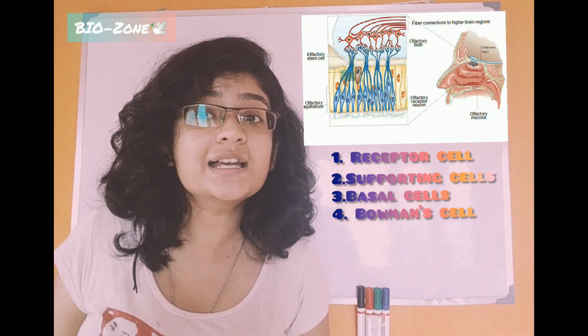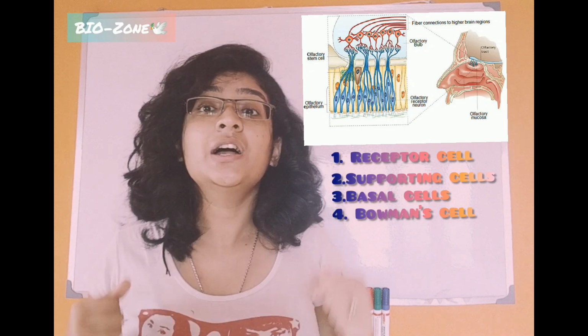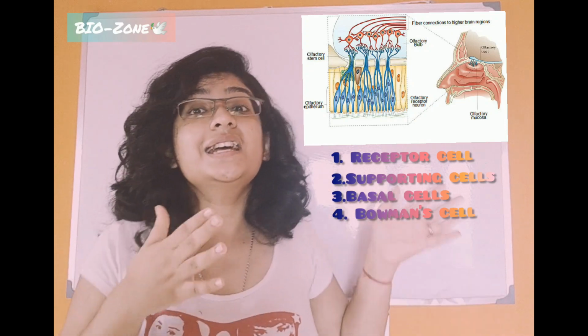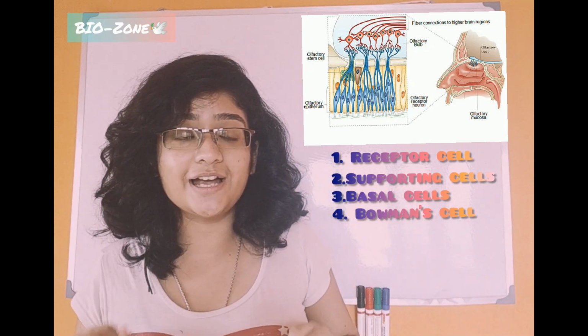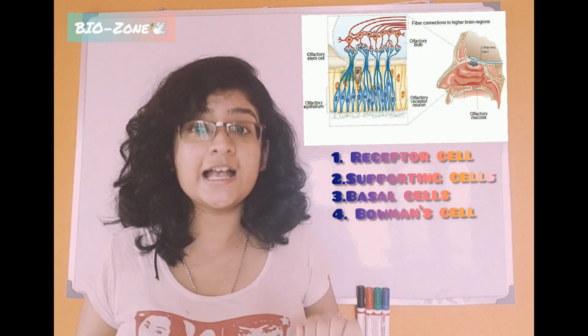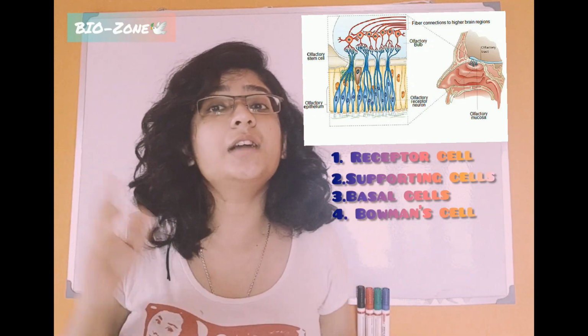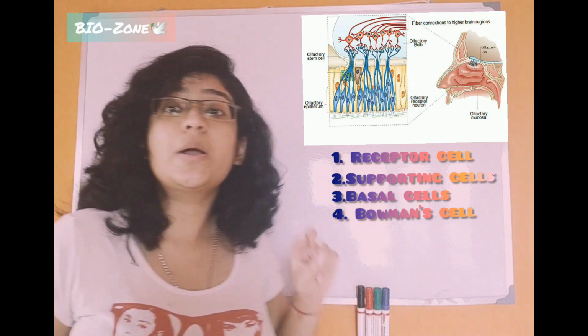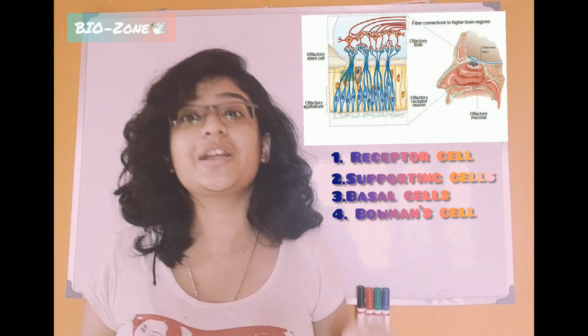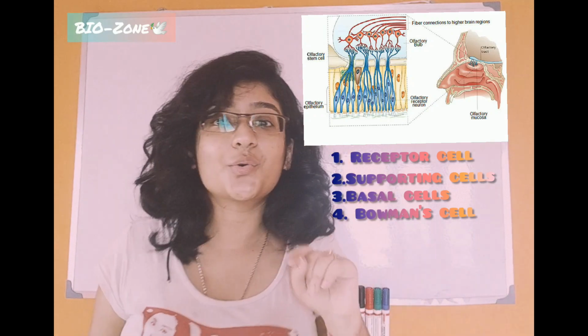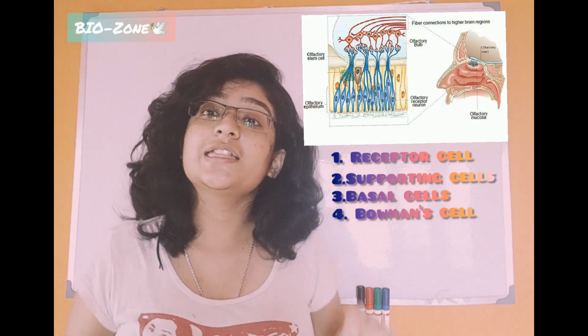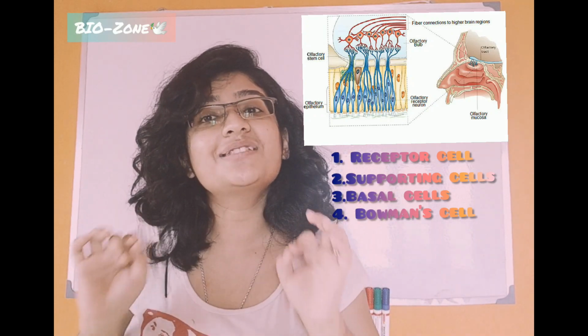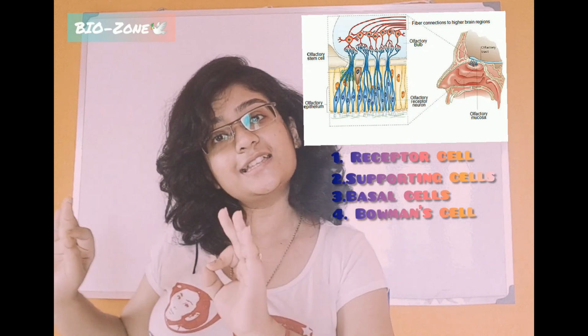Apart from that, support is required, right? To do the work, there are other cells called supporting cells. They support the cells. Another way we can call them is sustentacular cells. Apart from these 2 cells, we have another cell, called the basal cells, or the stem cells of the olfactory system.